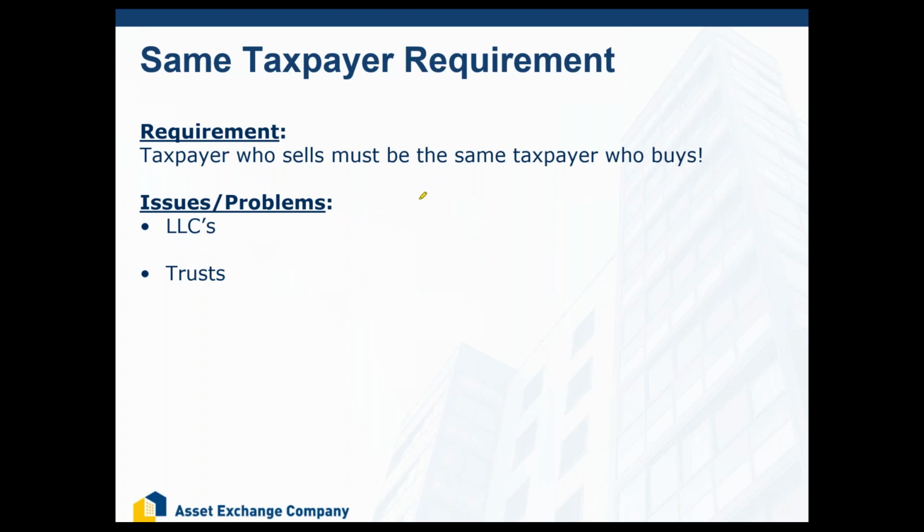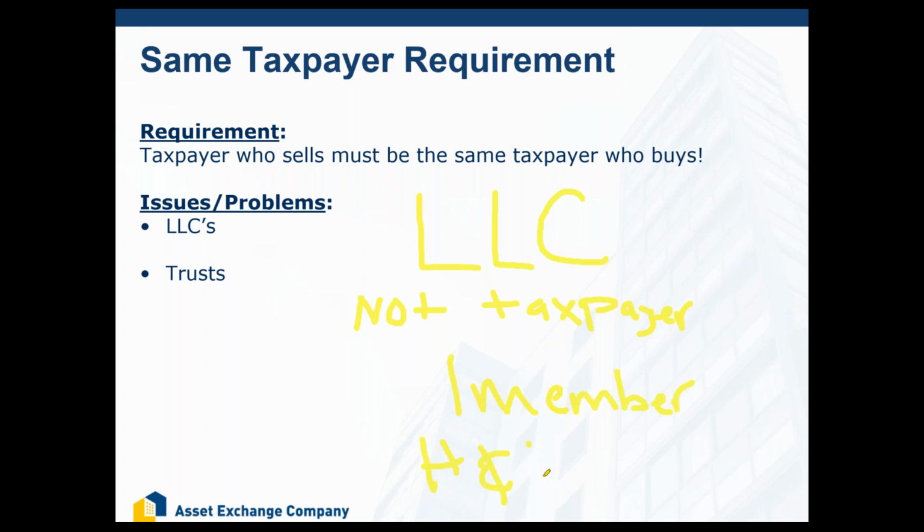Let me tell you one other thing, because this is important. You can have an LLC that is disregarded, meaning it does not have its own taxpayer ID number, but only if there is one member or you have a husband and wife as the only members.